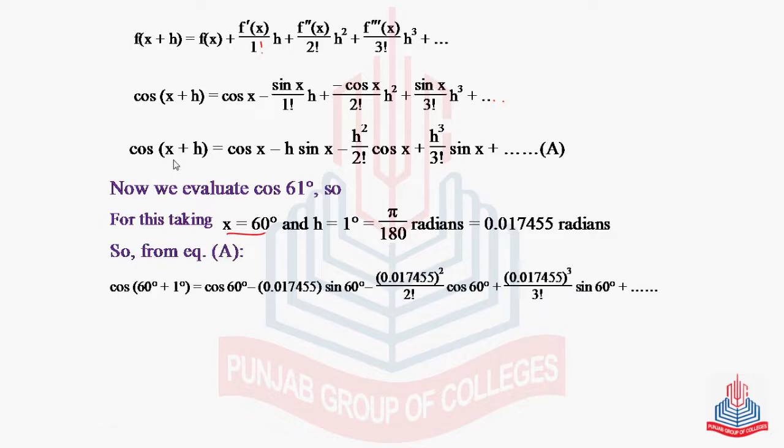So just putting the values in this series A, we have cos of x, which is 60 degree, plus h, which is 1 degree, and on the right hand side similarly we replace x and h with these two values, 60 degree and 1 degree.